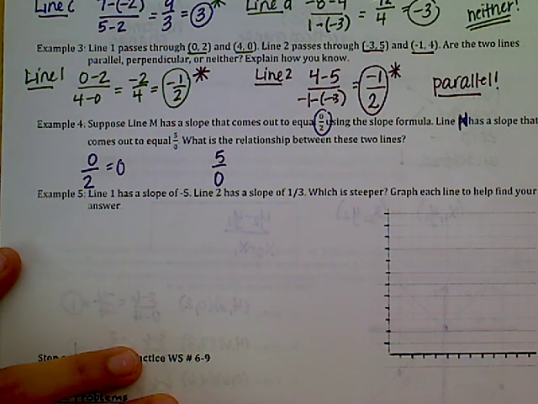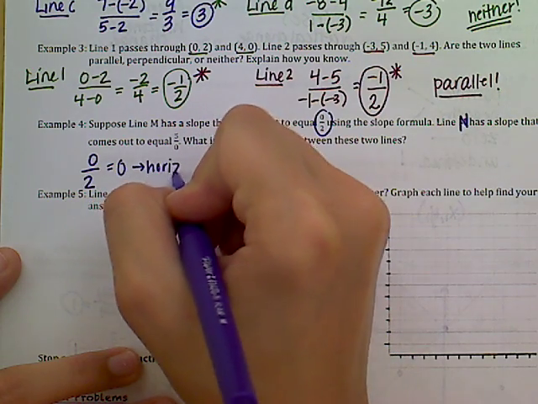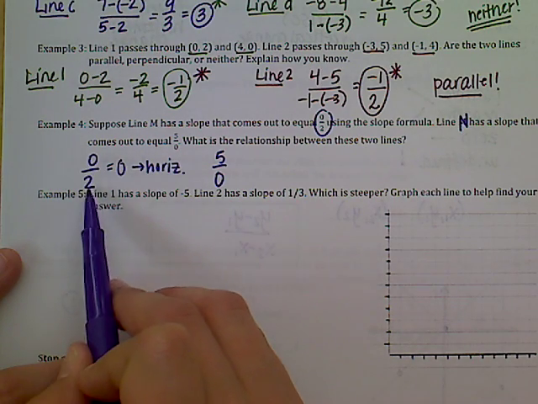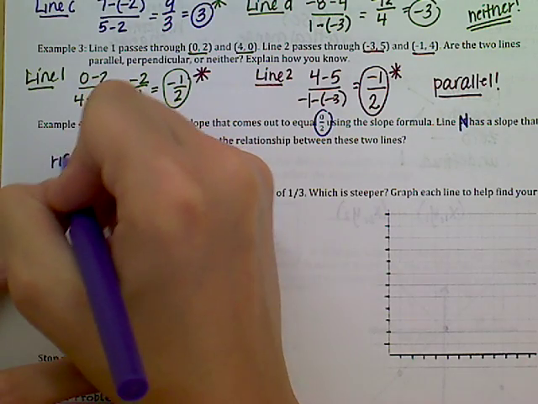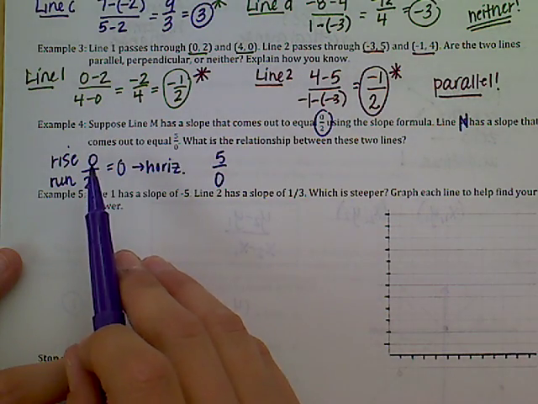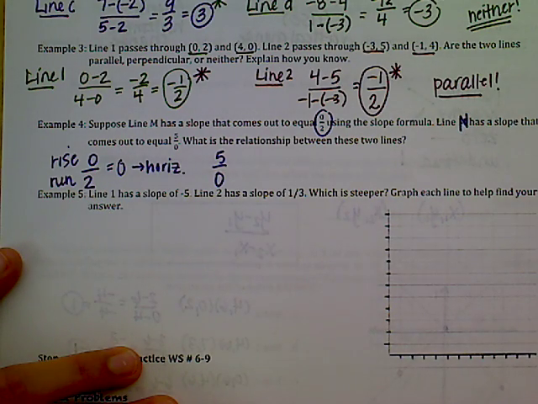If I think about what that looks like, 0 is going to be a horizontal line. Now, if that's something you can memorize, that's great. Or just think about the slope. If I have a slope of 0 over 2, it's like my rise is 0 for every run of 2. So if I'm going up none, and I'm constantly just going over, that's going to give me a horizontal line.